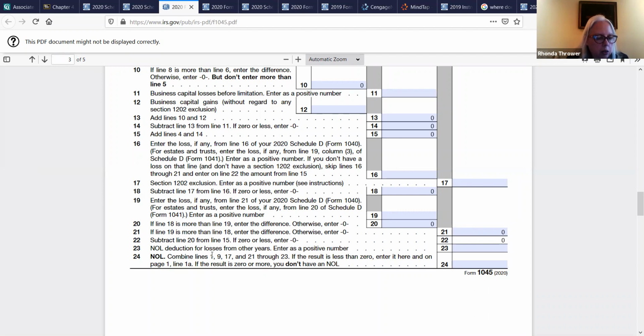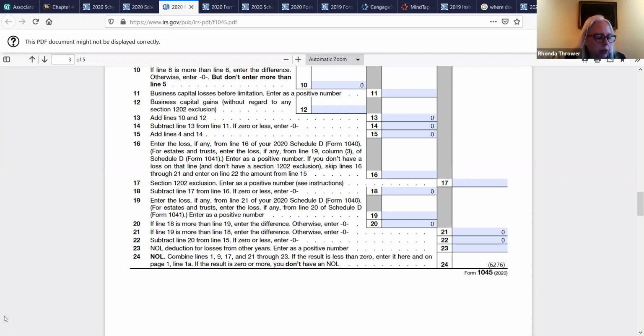And then, so on line 24, line 25, for the 2020 form is just a little bit different, but anyway, this becomes a negative amount that would go on this line here.